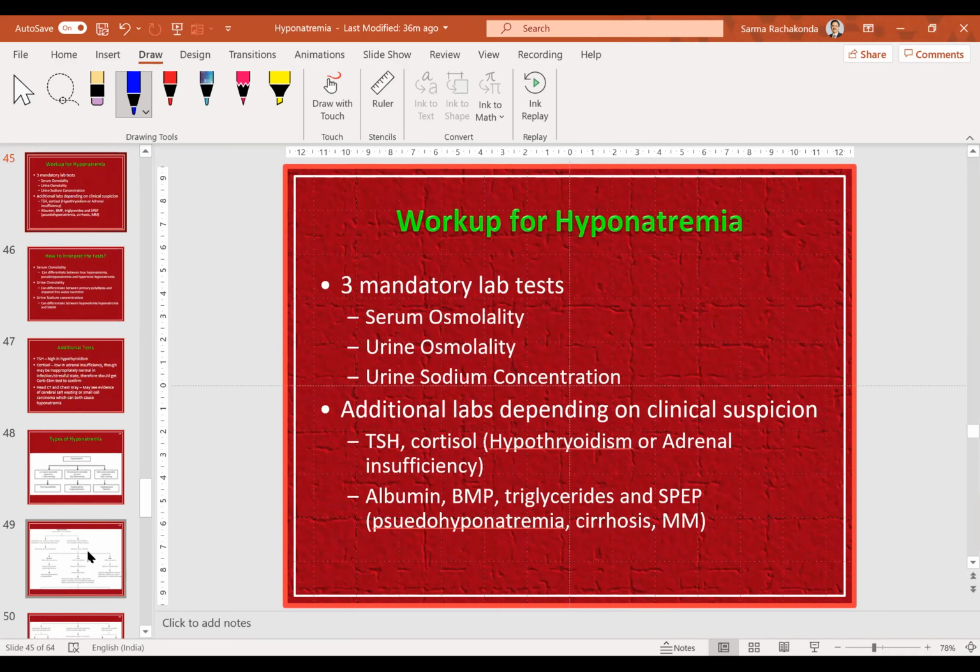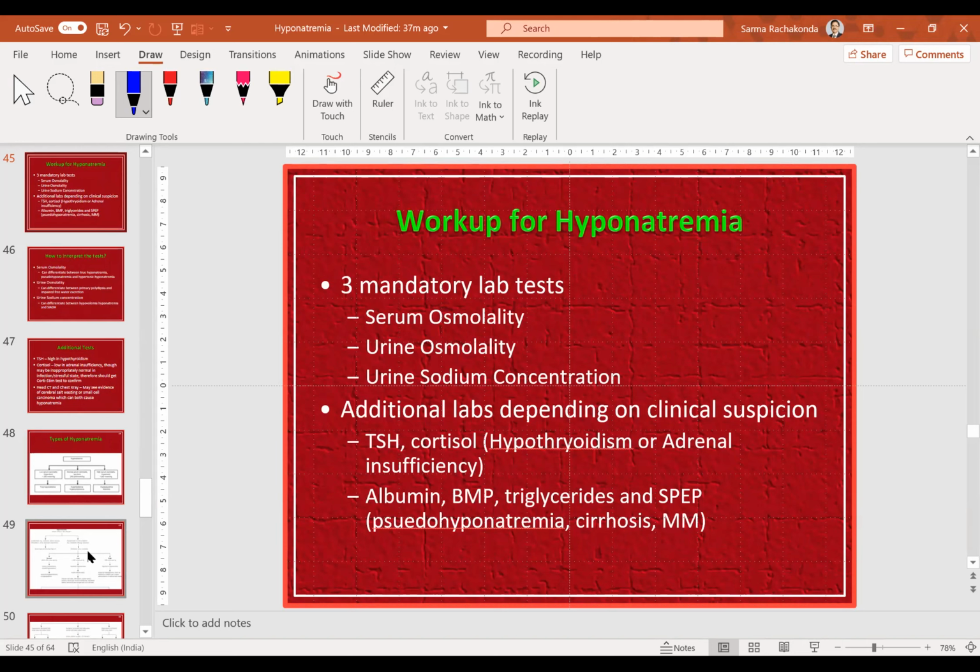In the hypotonic, I have hypovolemic, euvolemic, and hypervolemic. The causes are different, and we know how to separate them using the urinary sodium. Also, syndrome of inappropriate antidiuretic hormone, endocrine disorders, chronic renal disorders, salt wasting disorders, and water and salt retaining disorders in the hypervolemic type, all have to be kept in mind.